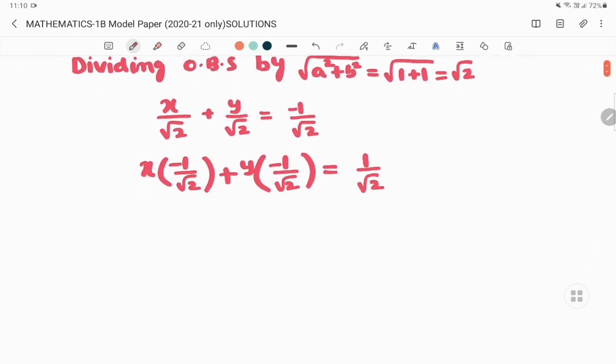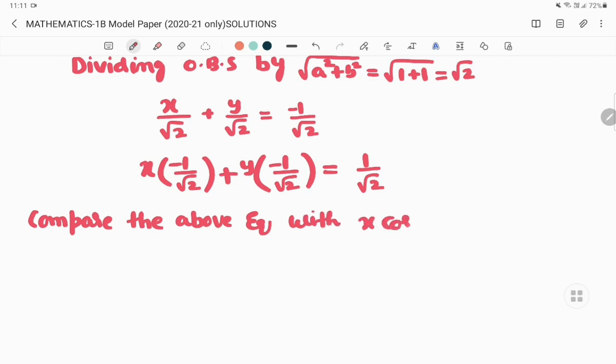Now, compare the above equation with x cos alpha plus y sin alpha is equal to p.